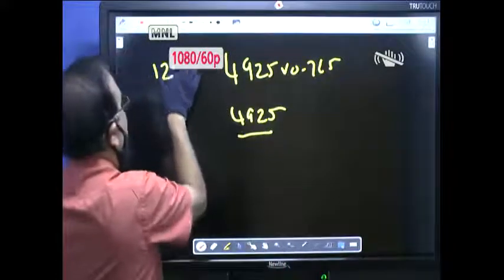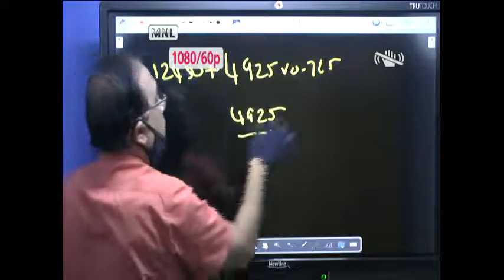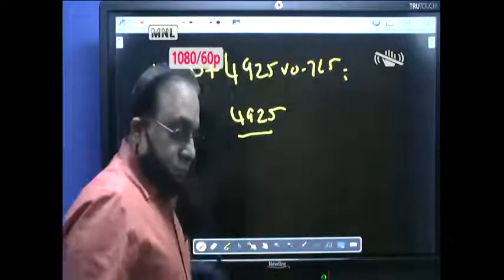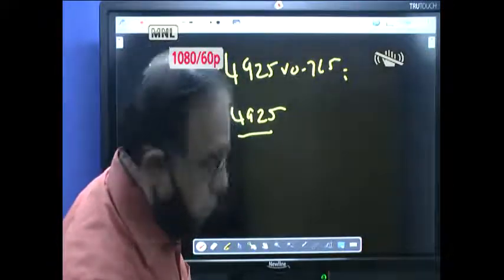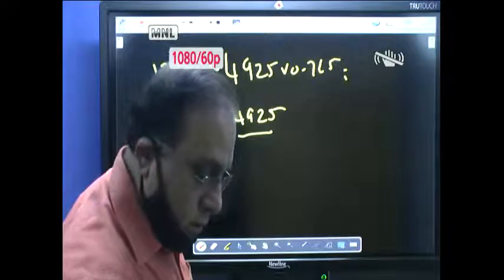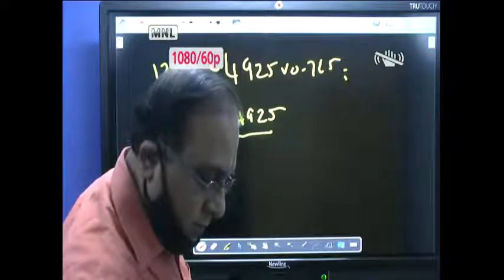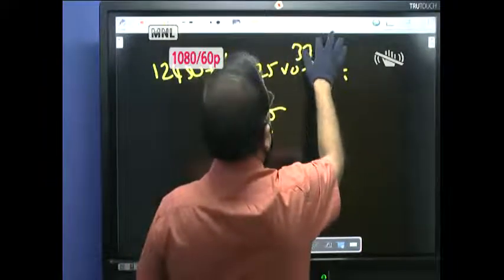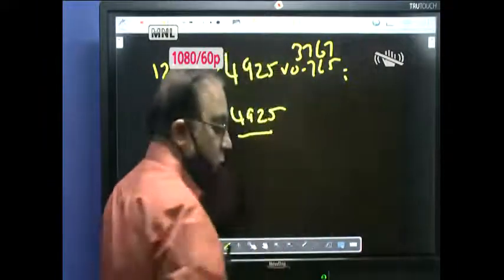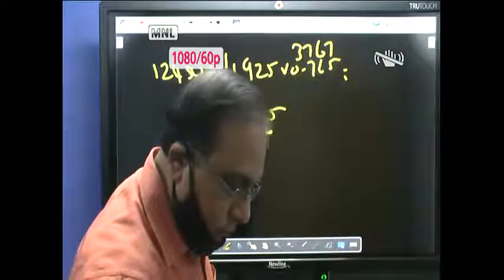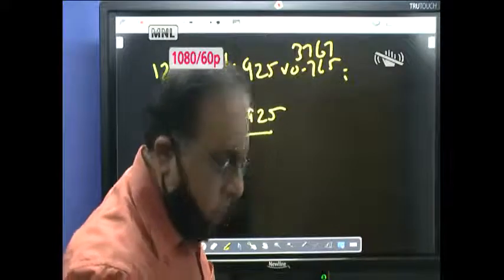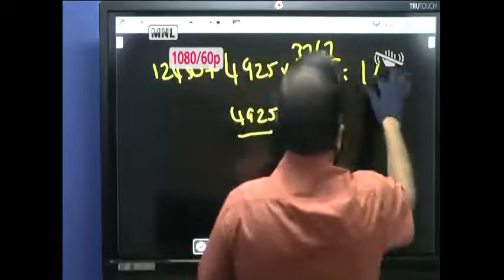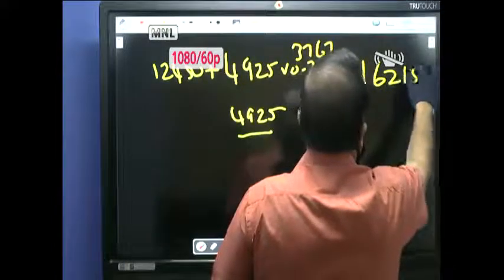On 12,450, let's add this. 4925 into 0.765 is 3767. If you add this to 12,450, that comes to 16,217 or so.